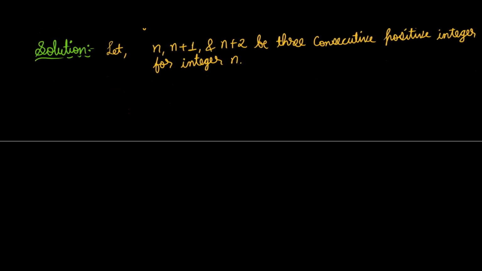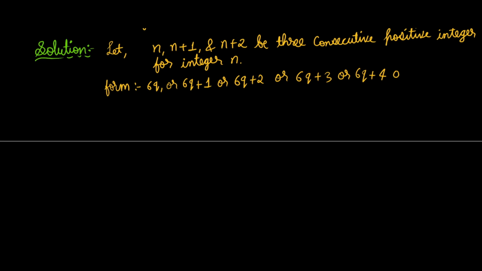So if any number is divided by 6, then we get the form 6q, or 6q plus 1, or 6q plus 2, or 6q plus 3, or 6q plus 4, or 6q plus 5, for integer q.